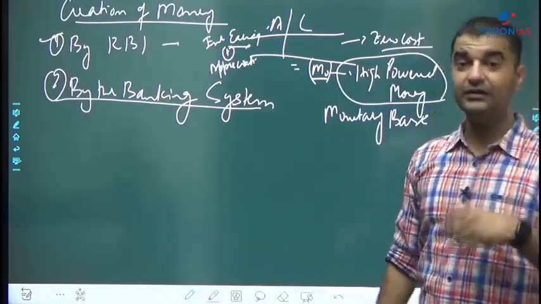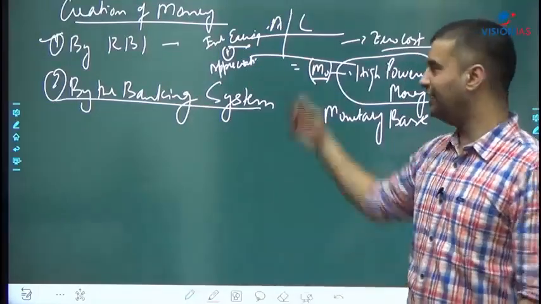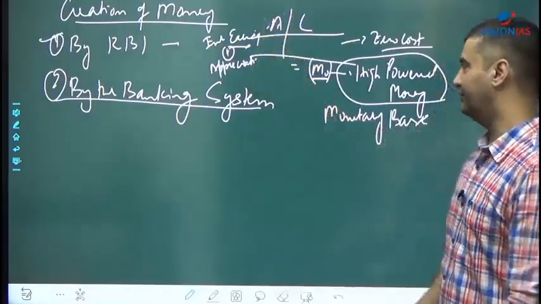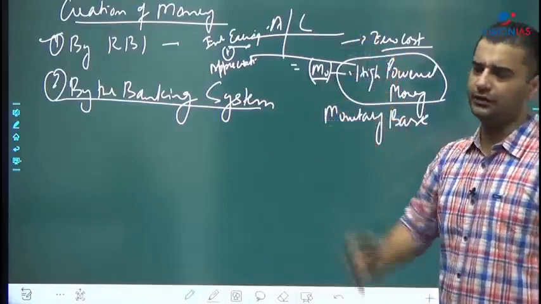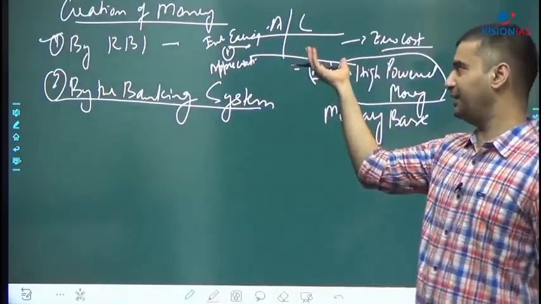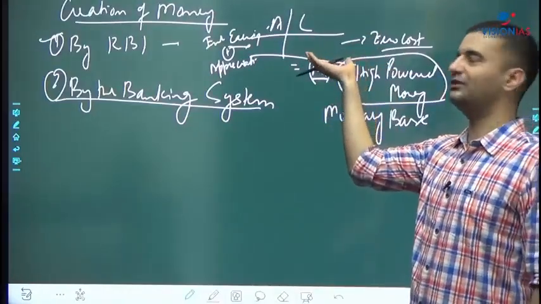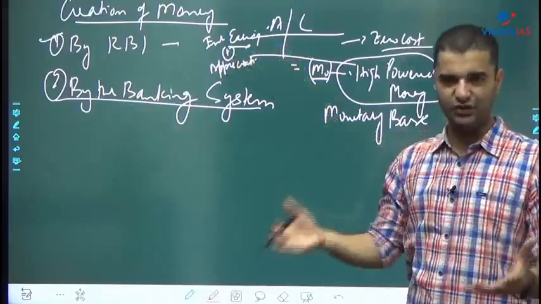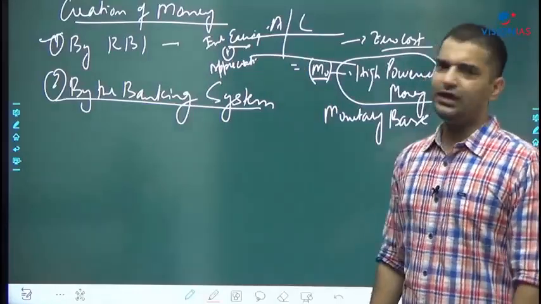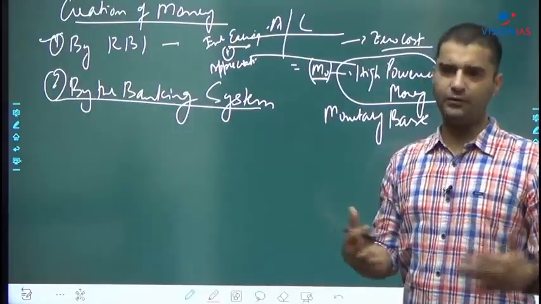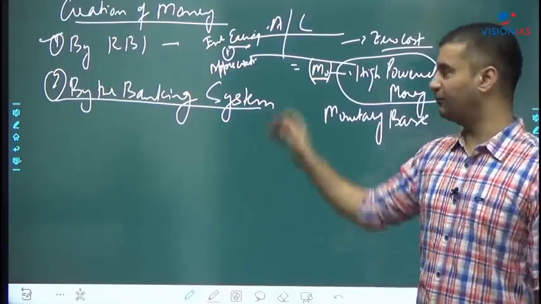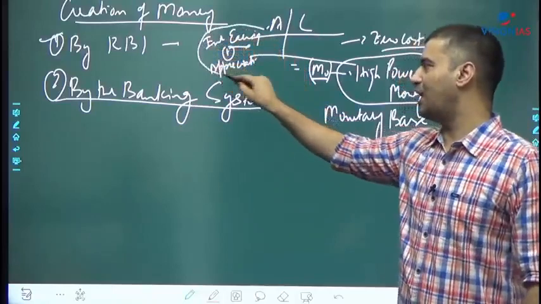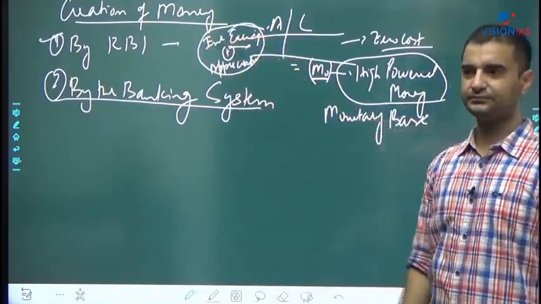So RBI earns income as its assets appreciate, whereas liabilities are mostly zero cost or very low cost. The difference between your outgoings on liabilities and earnings on assets becomes your income. So RBI usually has a very big amount of income by virtue of the role that it performs in the economy.